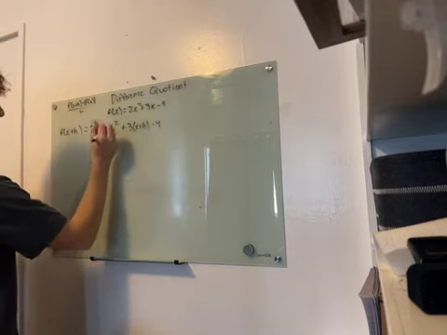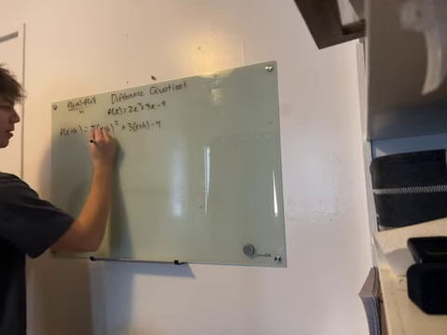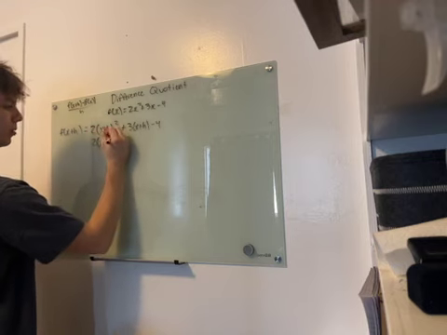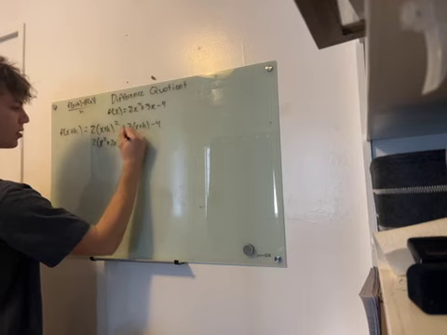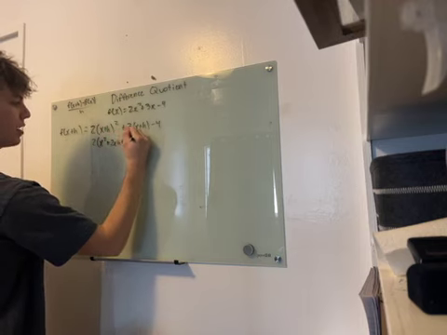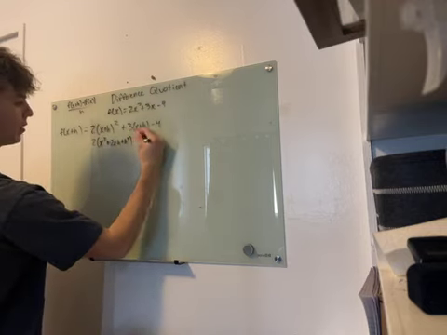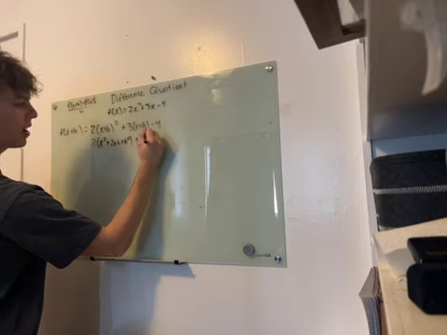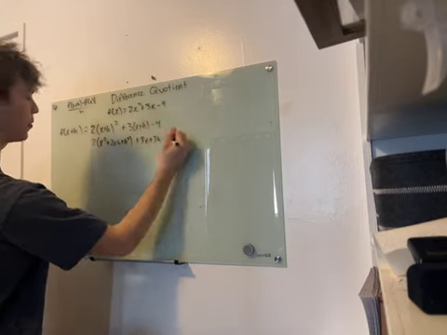Now we're going to FOIL out, and that's x plus h times x plus h. So when we FOIL that out, we get x squared plus 2xh plus h squared. And then we multiply 3 by x and h, so we get 3x plus 3h minus 4.